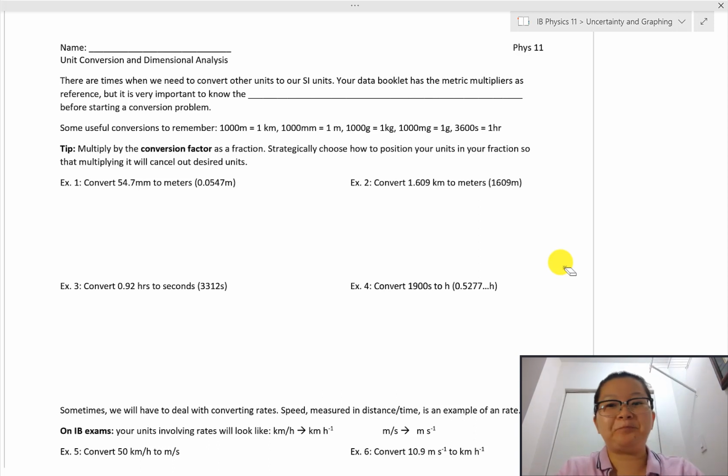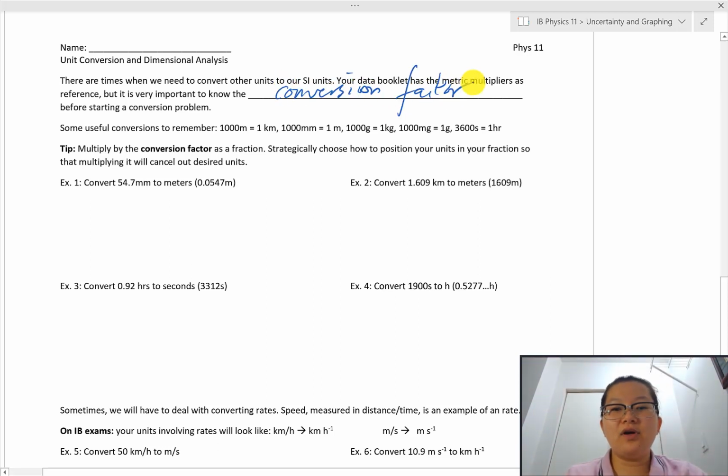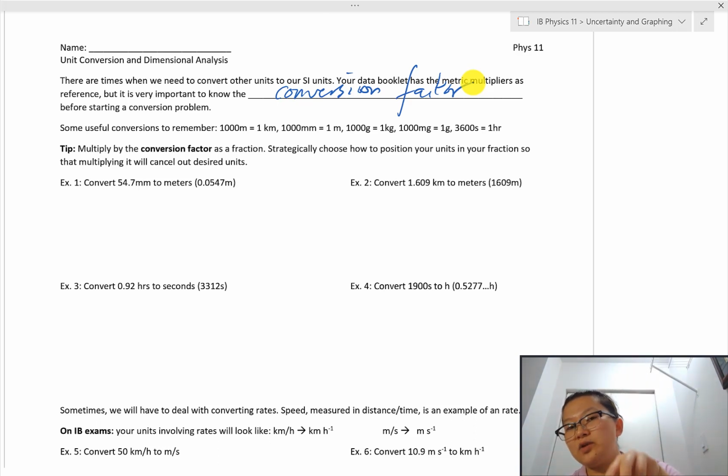So let's do it. Before we do any unit conversions, it's very important to know the conversion factor. I'll show you why in a second: we're going to manipulate these conversion factors in a way that helps us get rid of units we don't want in our final answer and put in units that we do want.